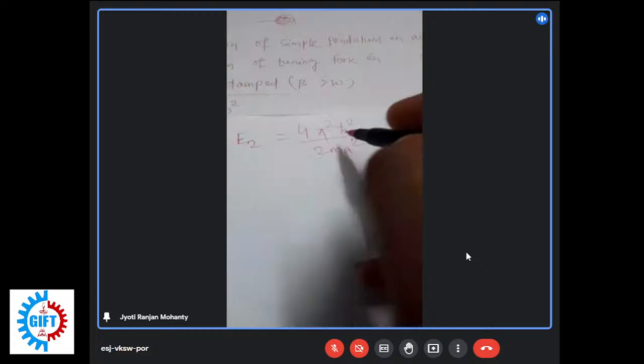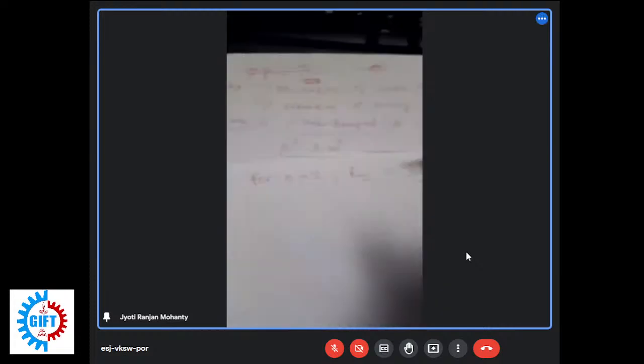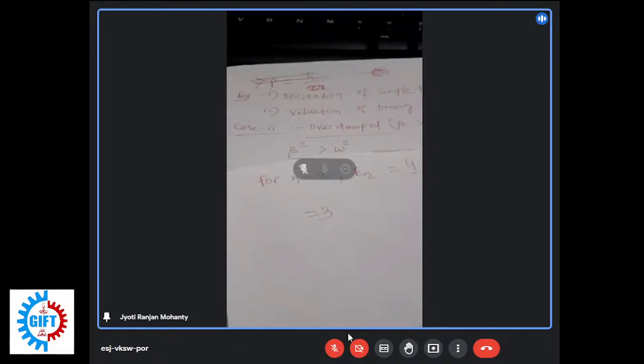So what is this? This is nothing but 4 into E1, four times the zero point energy.